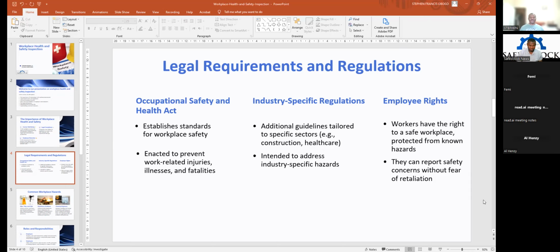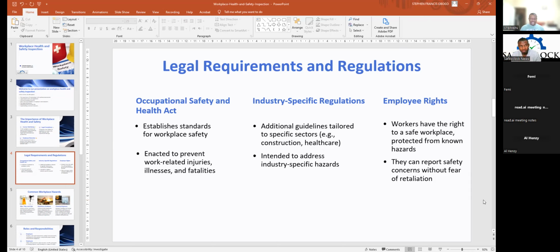So you could see that there are other regulations that cover different industries based on their specific nature of hazard. If you go to healthcare, you'll be looking at more biological and chemical hazards than physical, so that is why sometimes you see some variation. But the main point is that inspection must be carried out, which is fundamental.